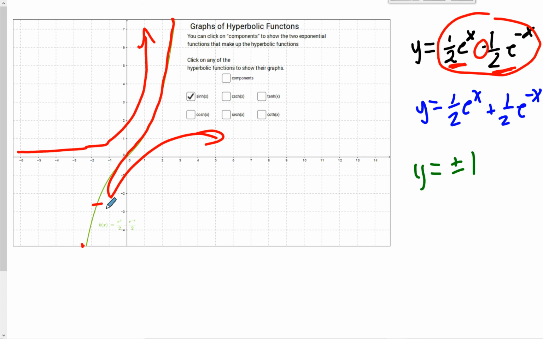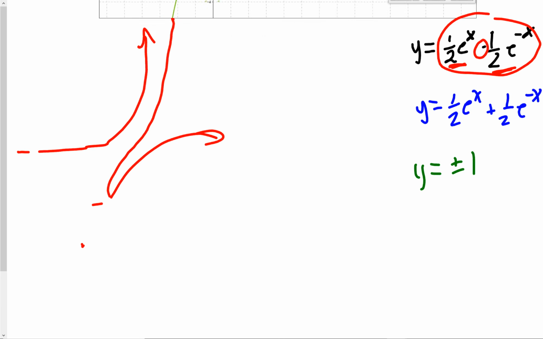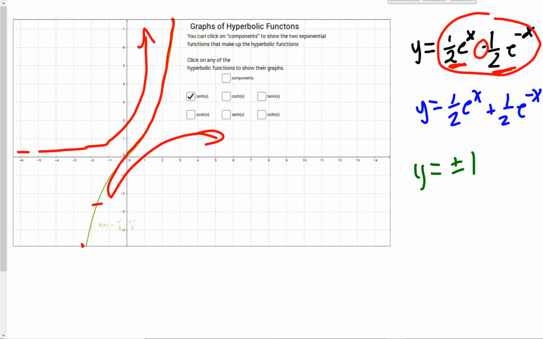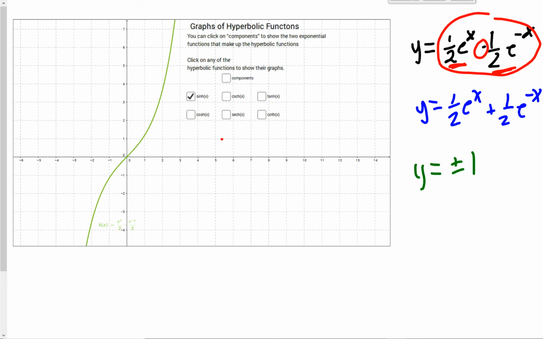Then cosine would be adding those two, so here's cosine. That's what it looks like, because it's the addition of those two. And then here's what tangent looks like, and tangent is in between plus or minus 1.